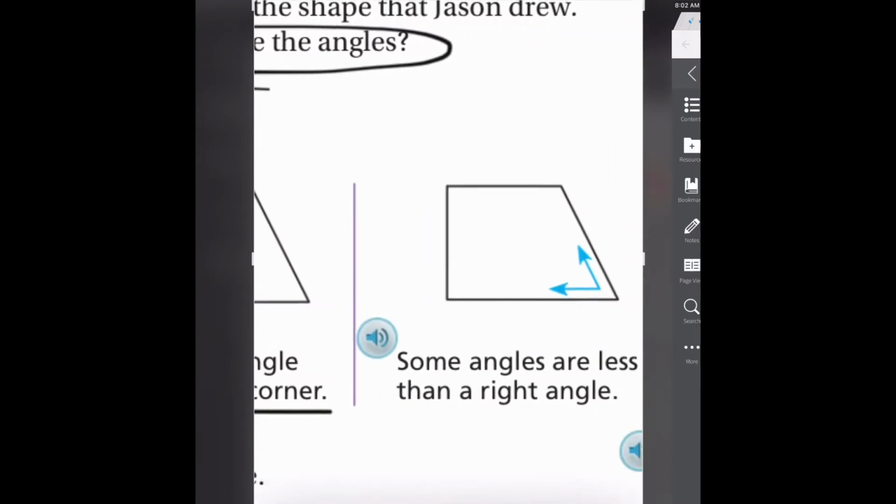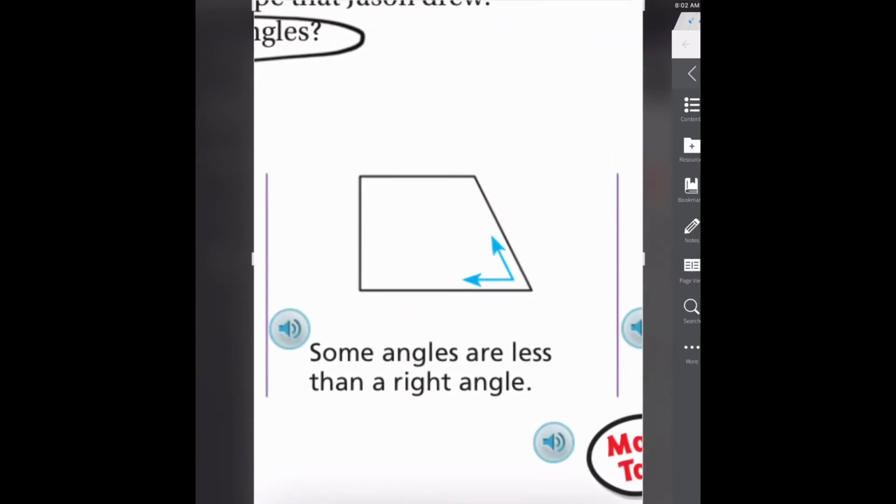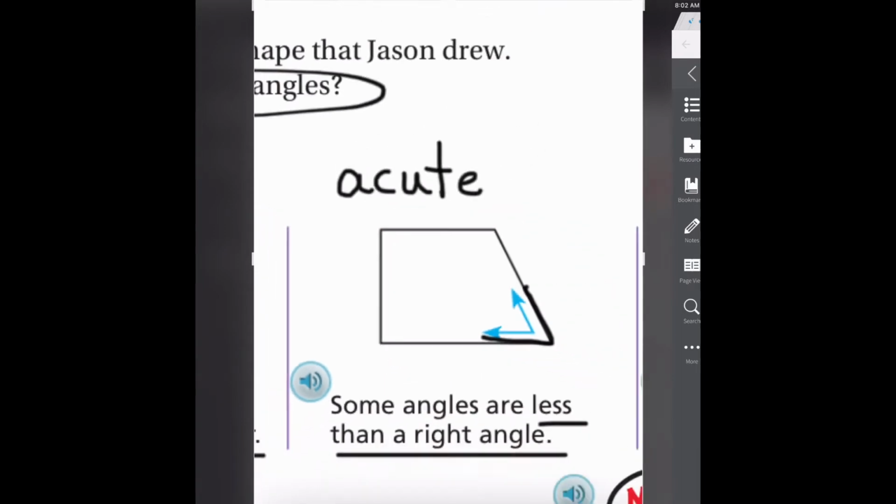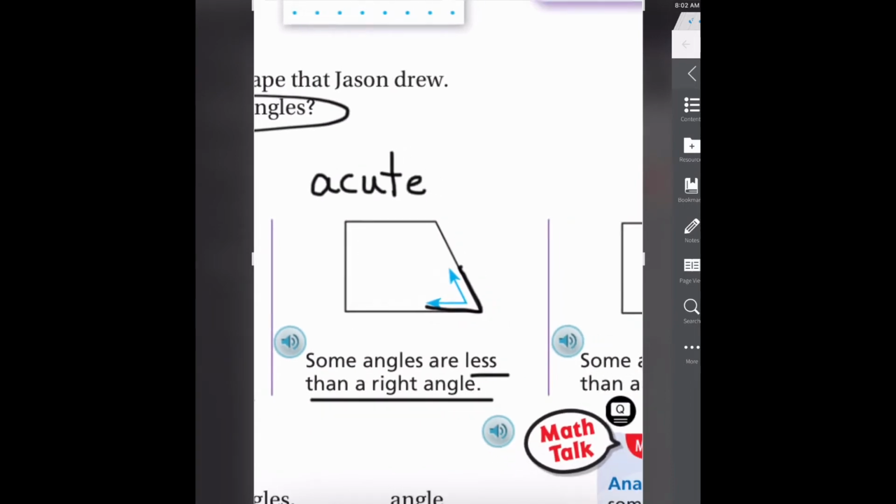Another type of angle is right here. It's less than a right angle, and you can see right here it's a very sharp corner. So it's less than a right angle. And when it's less than a right angle, it has a formal name, that's called acute. That's an acute angle, which is less than 90 degrees.